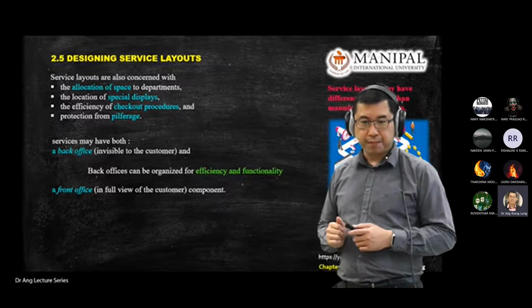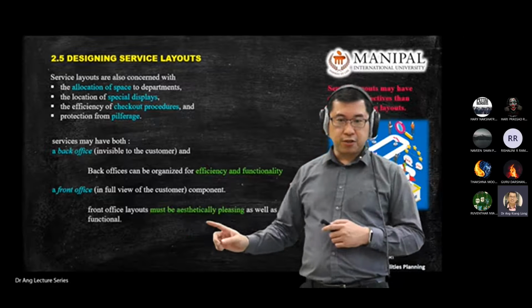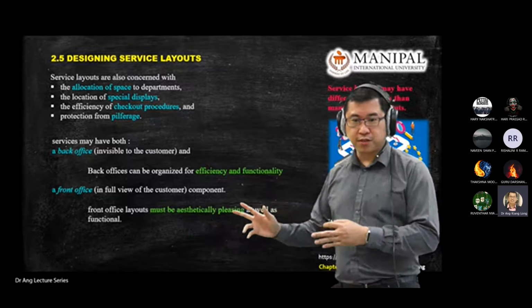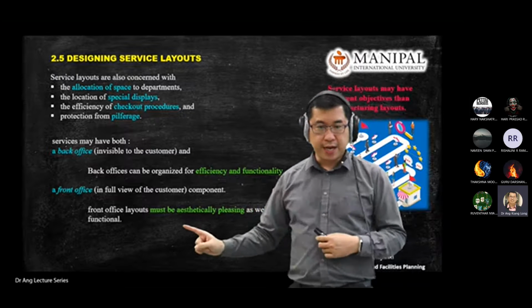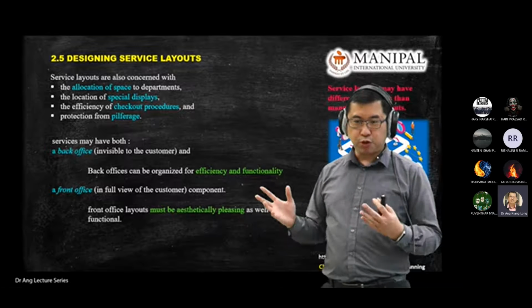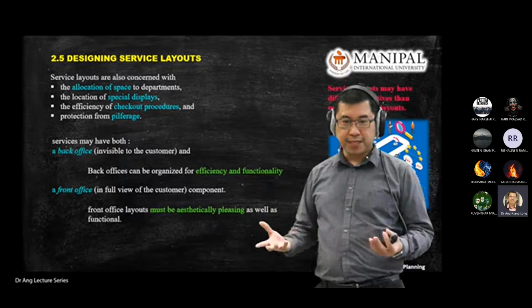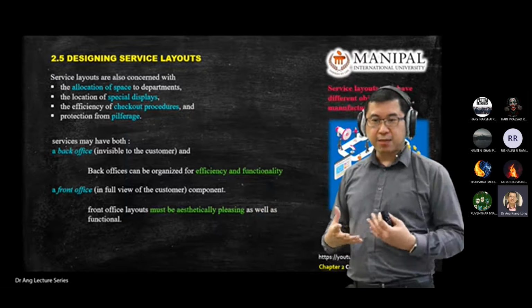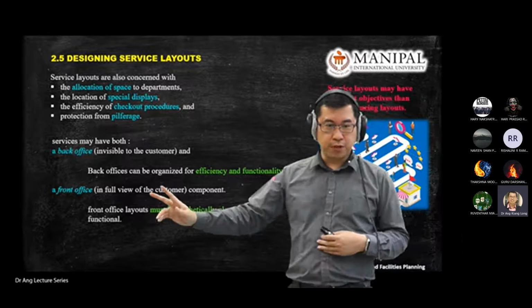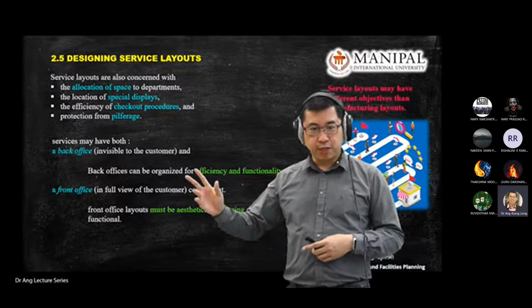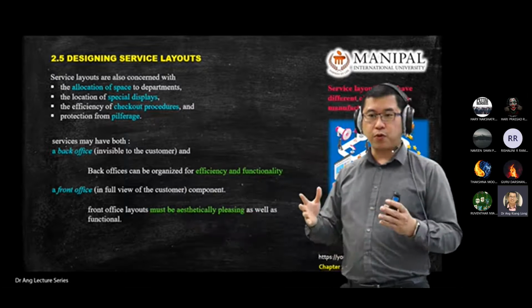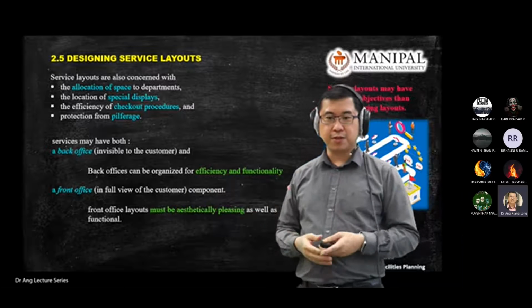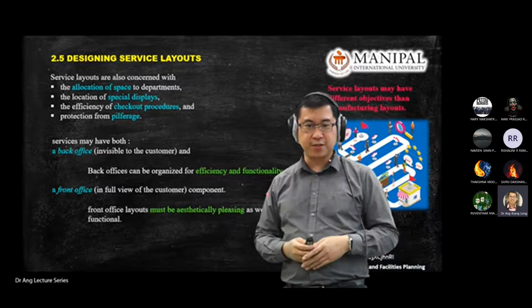the shop. For front office, normally they go for services. They will focus more on services, and they are visually pleasing. All right, the customer will feel good every time you put a front office. If you design a service layout with a front office, normally you will go for a customer service kind of business.